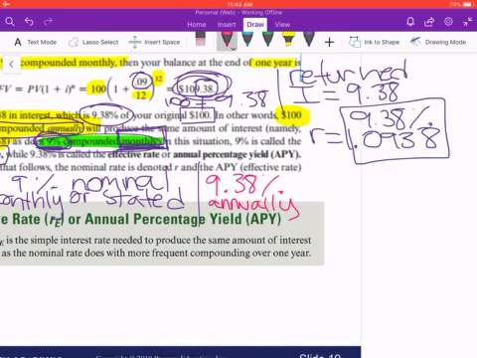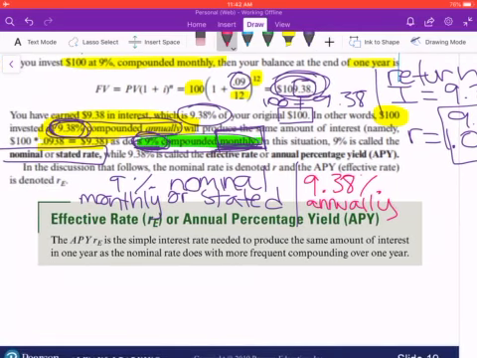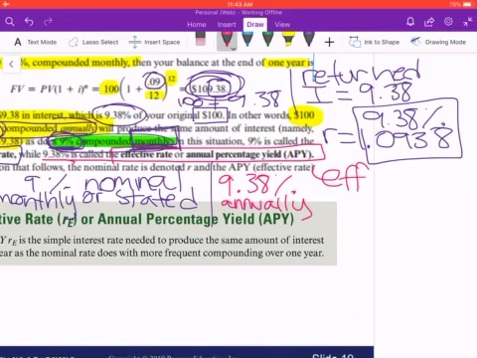So with the annual compounded rate, that one, we call it the effective rate, or also the annual percentage yield. So we refer to that as APY.